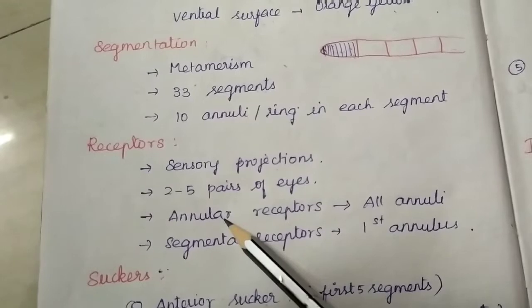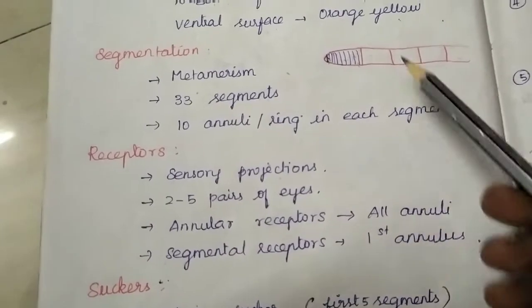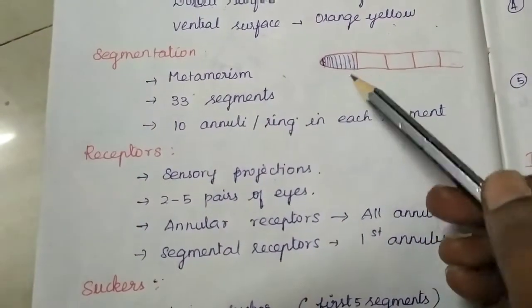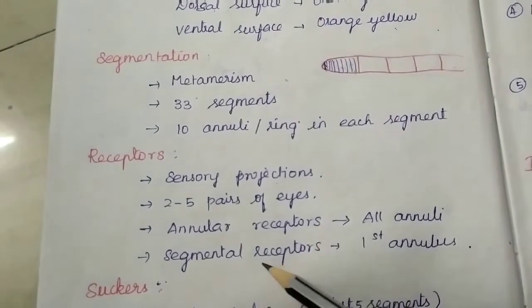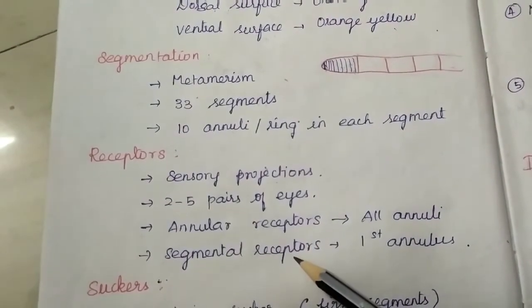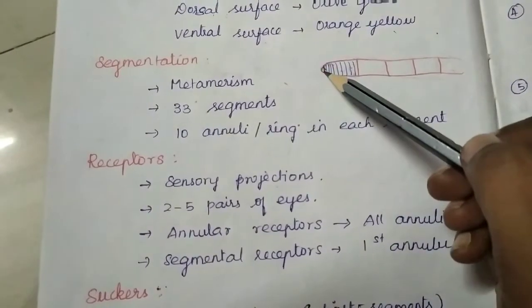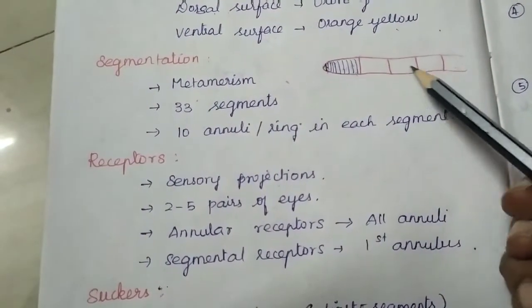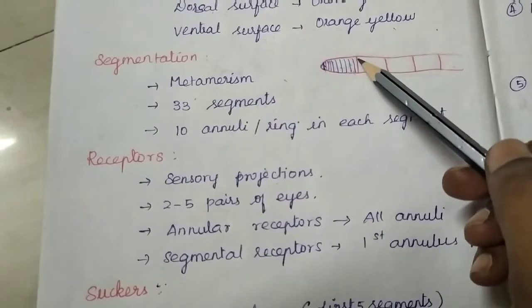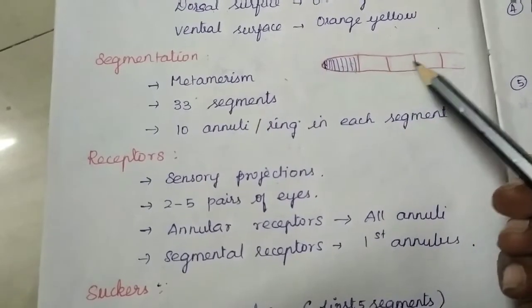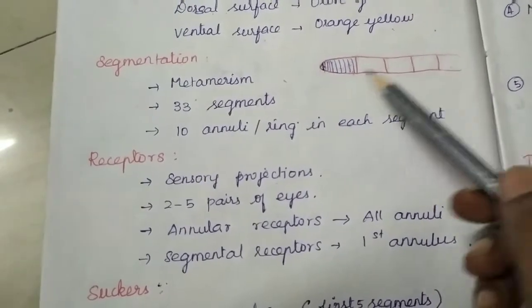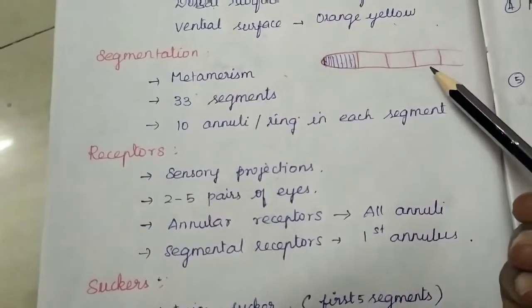The annular receptor is present in all the annuli, but the segmental receptor is present only in the first annuli of each segment. So in each segment, the first annuli alone consists of the segmental receptor. Remaining all the annuli have the annular receptor.